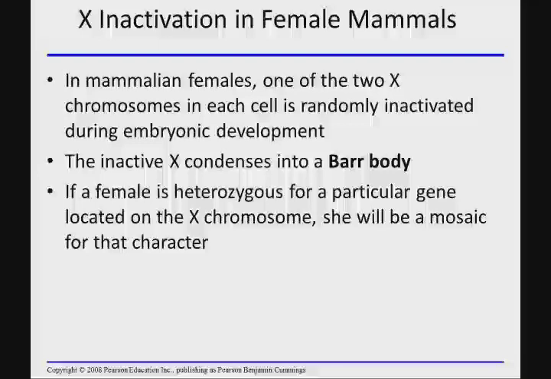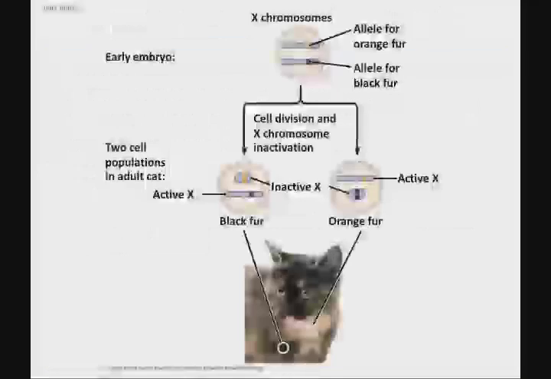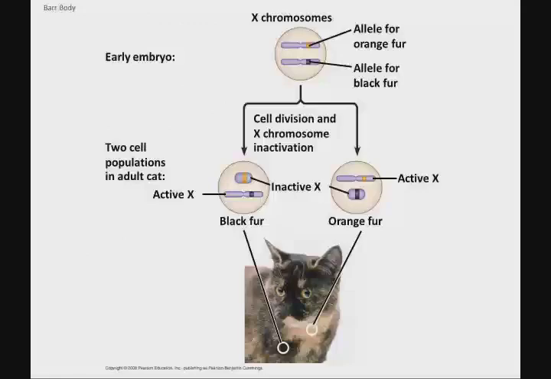So the paternal X chromosome or the maternal X chromosome that every female has, either one can be inactivated. And if she's heterozygous for the genes on the X chromosome, then she's basically a genetic mosaic with regard to that.